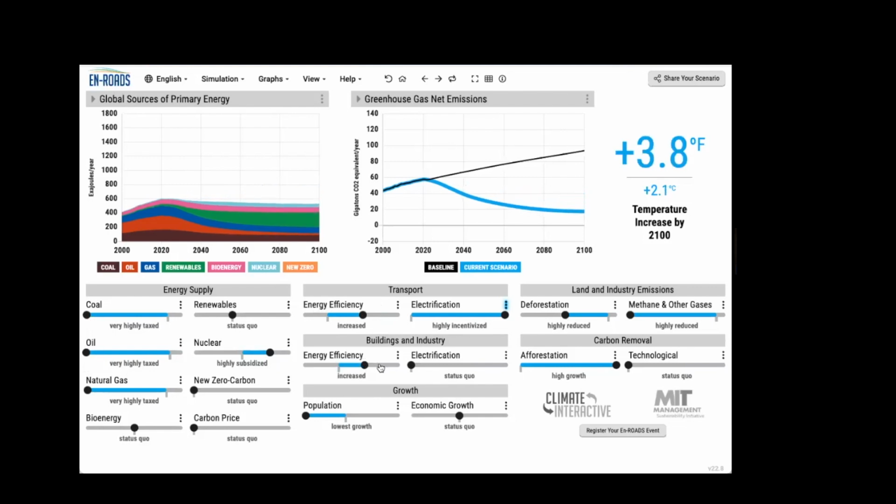So that does have actually a pretty big impact, and again, this is one of those where you can see it's lowering the total amount of energy we're using. So we're actually lower in 2100 than we were in 2020 if we could do that.